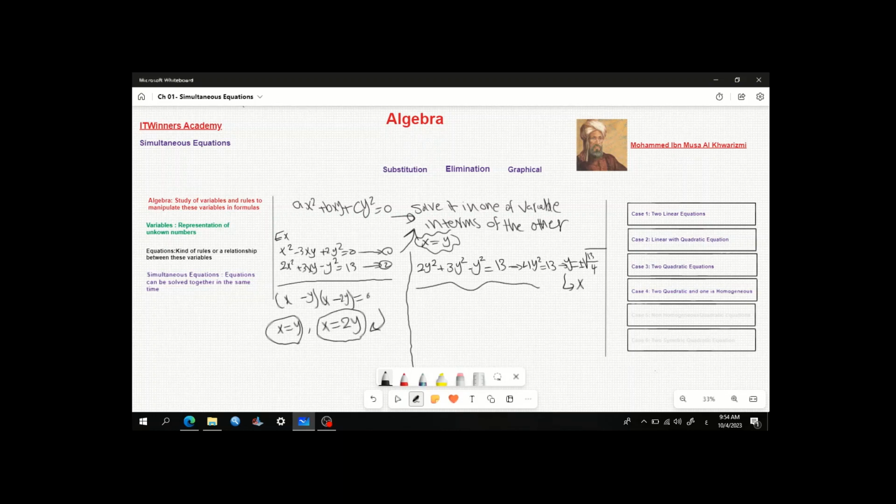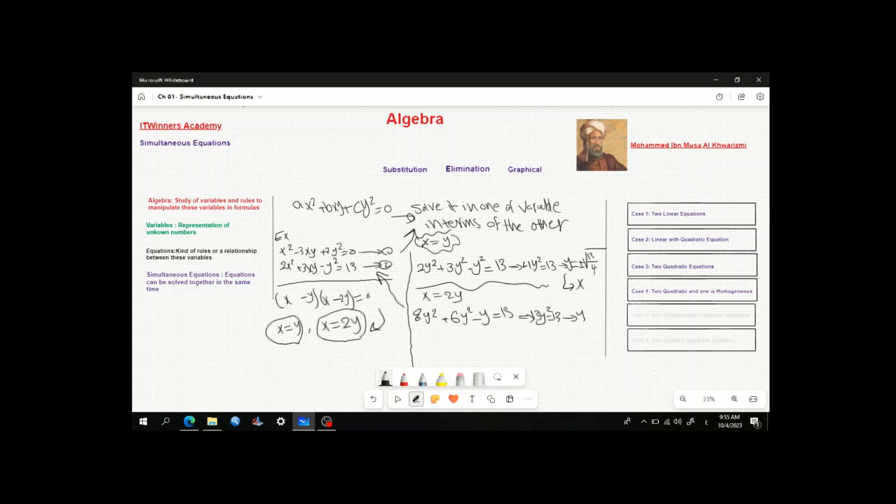Now if I have x equal to 2y, substitute in this: 8y squared plus 6y squared minus y squared equal to 30. Now I have 13y squared equal to 30.